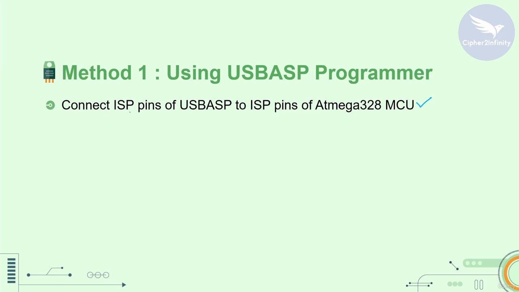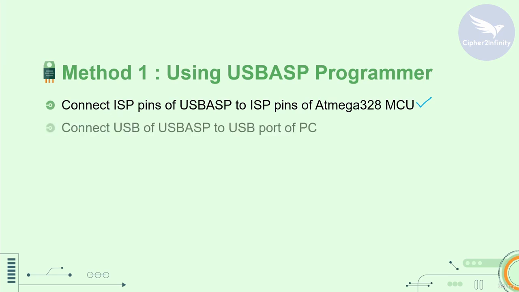These are the ISP or ICSP pins, and we need to connect the ICSP pins of the USB ASP to the ICSP pins of the Atmega328. ICSP and ISP are basically the same; there is not much difference, so you can use either word.